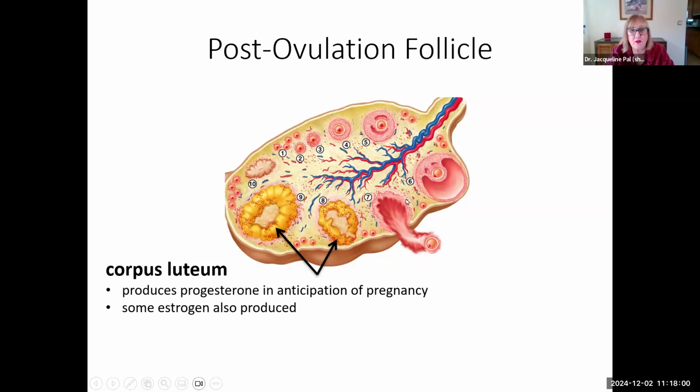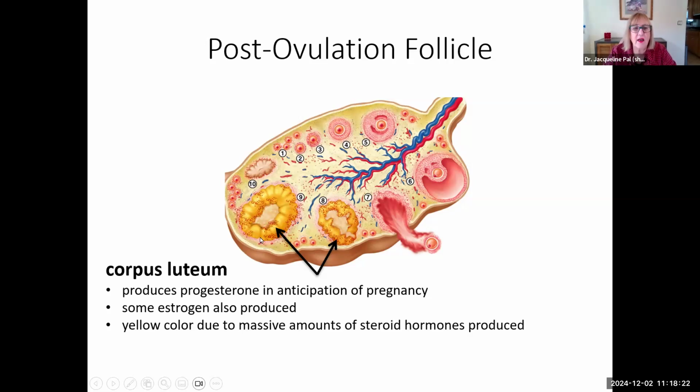Post-ovulation, the follicular cells that are left behind in the follicle start producing a lot of progesterone, with a P, in anticipation of she's going to be pregnant. Now they're also going to produce some estrogen, but they're really hoping for a pregnancy. Okay. And so this yellow color from the follicular cells, because this has become a steroid factory.